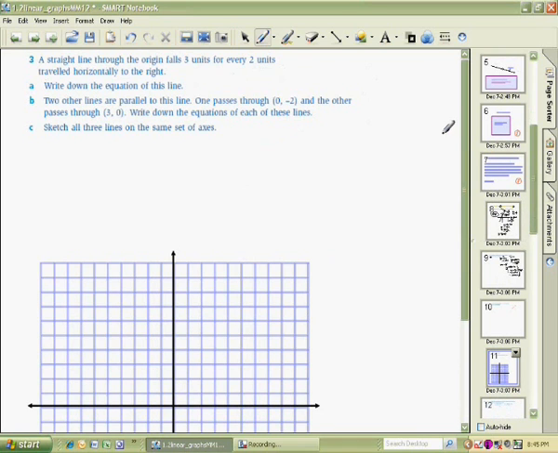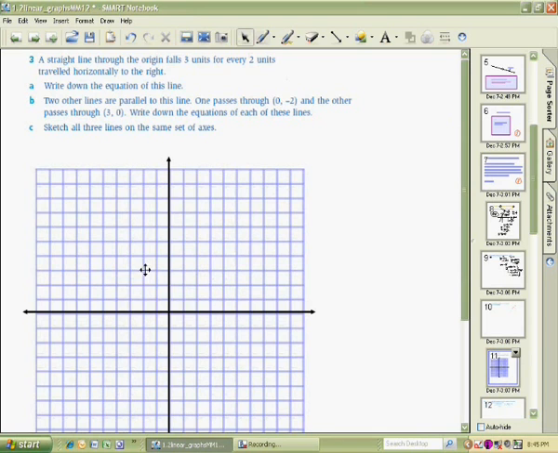This one here, I provided this chart for you so that you could use it if you wish, but it says here it's a straight line through the origin. What's the origin? The origin is here at the point 0, 0, so that means c is 0, doesn't it? And it falls 3 units for every 2. Bit of a tricky way to put that, so it just means that it goes down 3 for every 2 units travelled horizontally to the right.